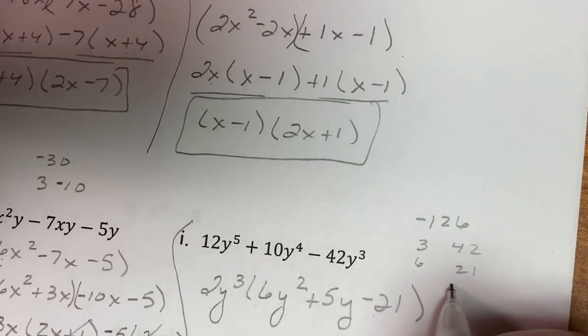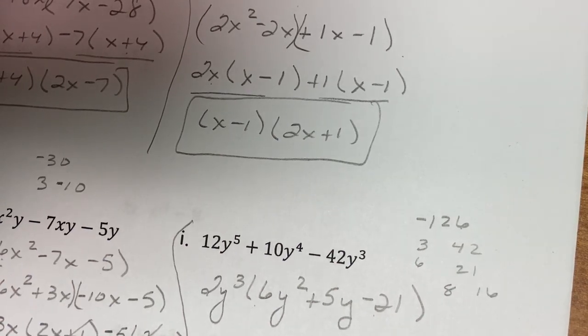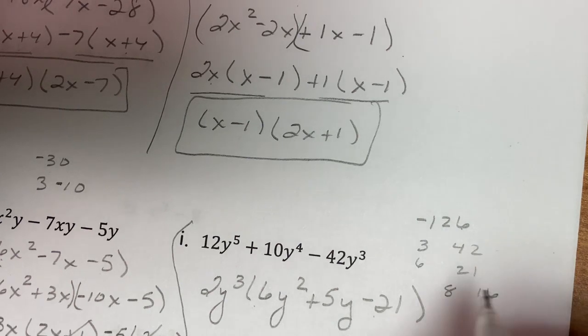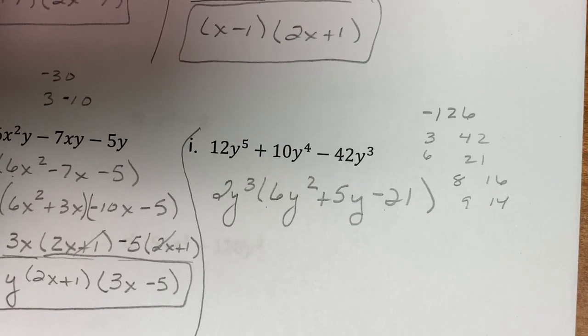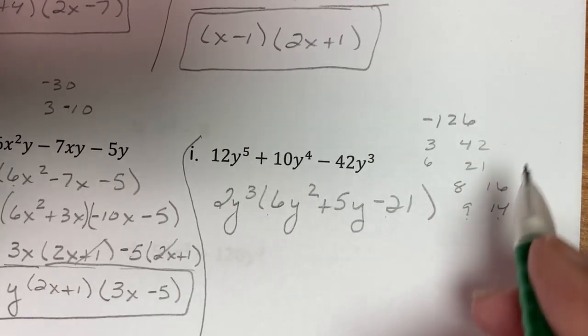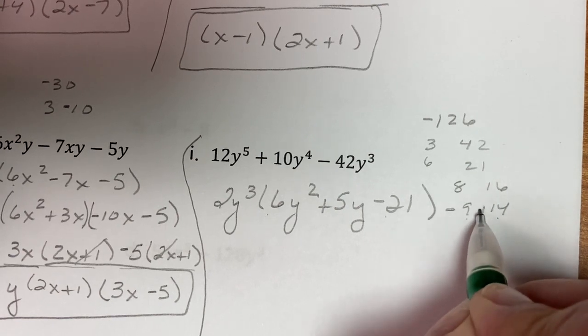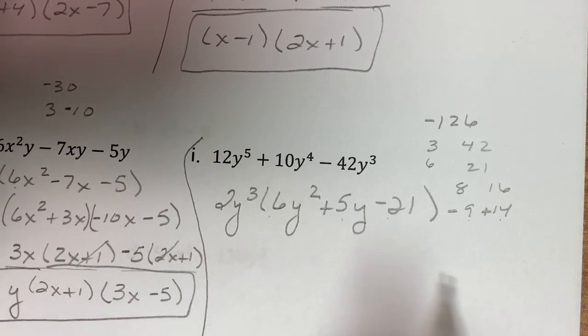Yep, 8 goes into there. So it's 8 and 16. That's not going to go. Does 9 go into there? 126 divided by 9. 14. Aha! So 9 and 14 multiply together to get negative 126, and negative 9 and positive 14 add together to get a positive 5. See, that took me forever.